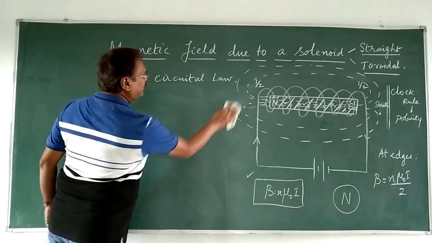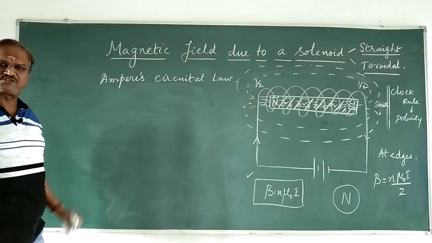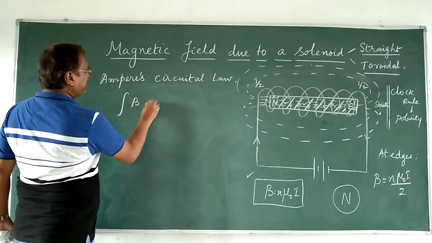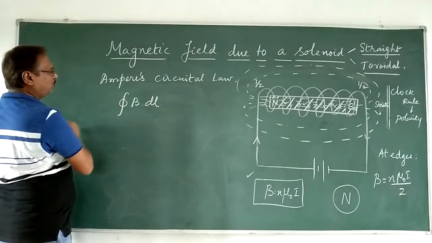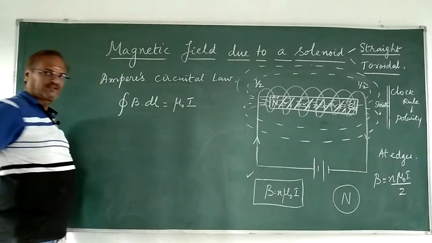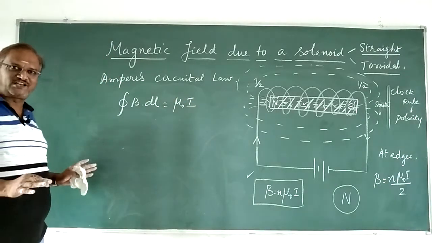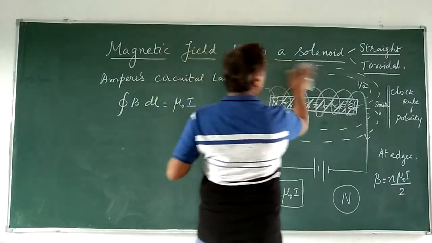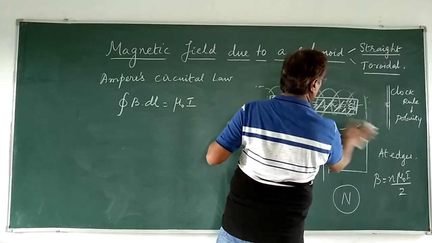Toroidal solenoid. Okay. Now let me take the ampere circuital law as it is. Integral B dl over a closed loop is equal to mu naught times I. This is done. This is ampere circuital law. Yes. I got a long solenoid, a straight solenoid, and let me erase this now.